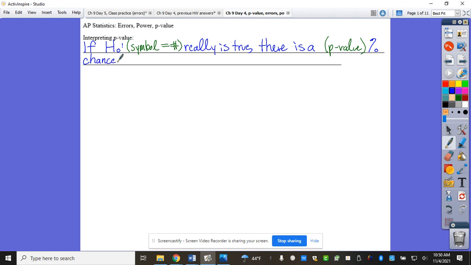So if the null hypothesis is true, is the likelihood of our sample data occurring essentially? Then there is a p-value % chance of having a sample, just like we've dealt with so many times, only of this sample size from these individuals.